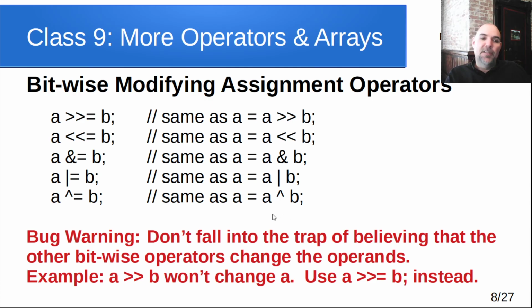We also have shift right equal, shift left equal, ampersand equal, or equal, and XOR equal. Now, again, don't fall into the trap that using the bitwise operators like A shifted right by B is affecting A. It's producing a result that is what this would be shifted by that, but it's not affecting these. If you want it to affect it, you have to use the modifying assignment operator version of it.